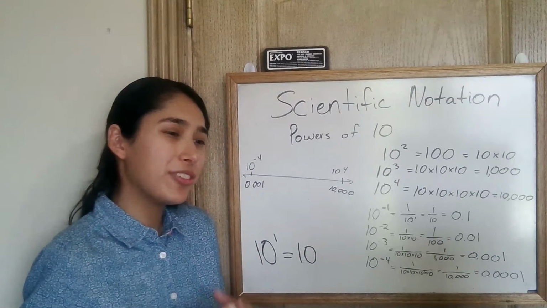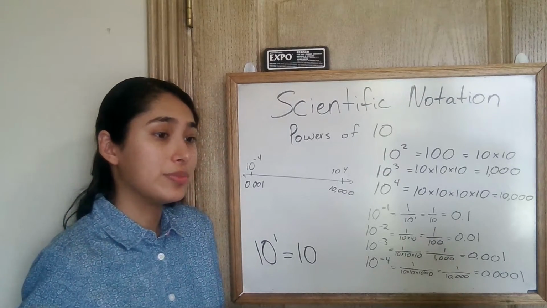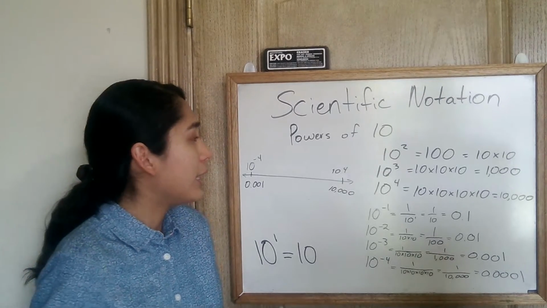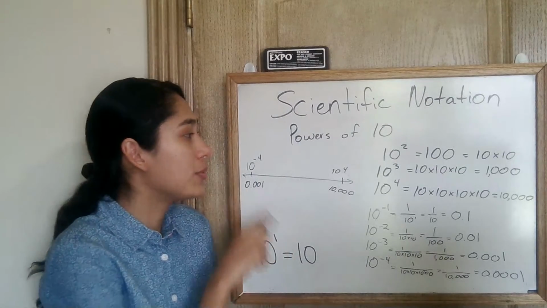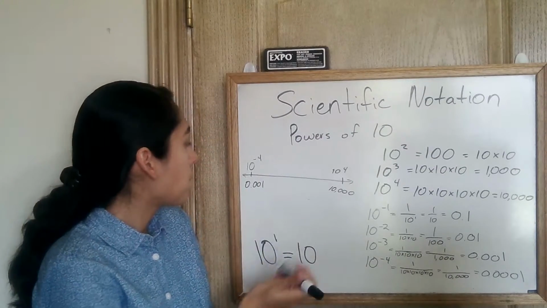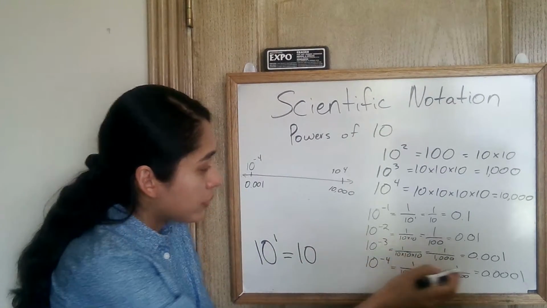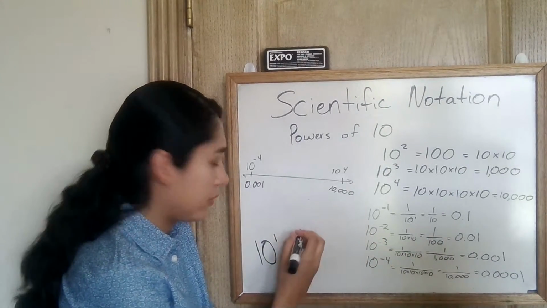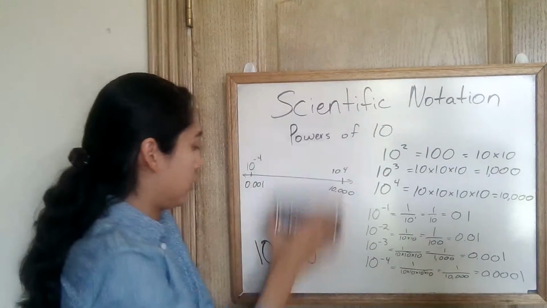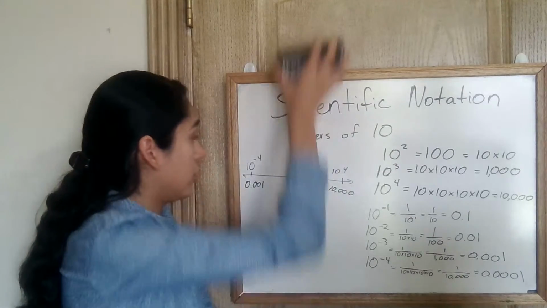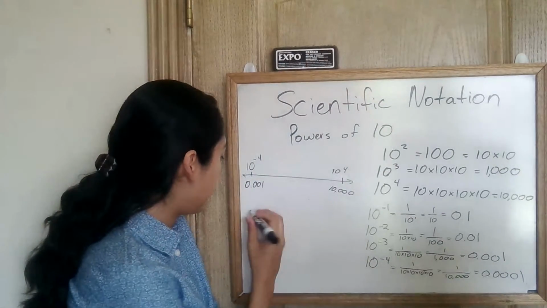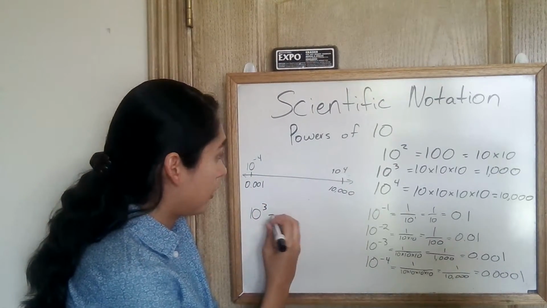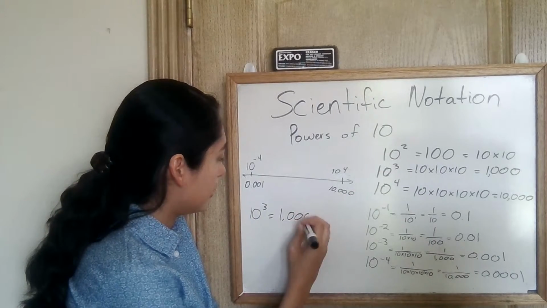So the beautiful thing about working with tens is that you just get to shift decimal places. Truly, the difference between this one and this. So we have 10 to the power of 3 is 1,000.